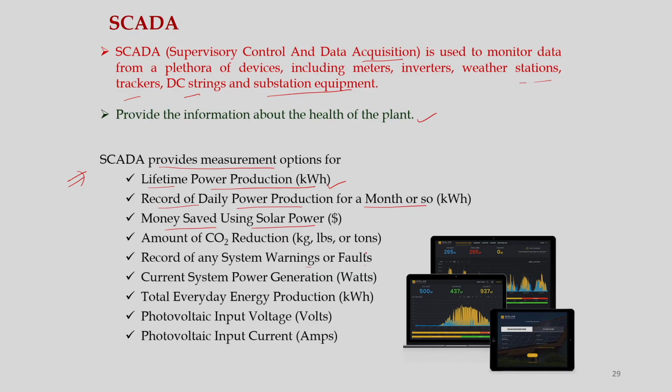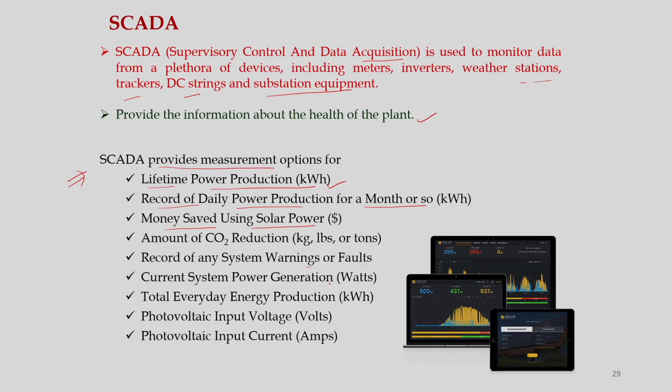So, if some component is not working properly, that can be diagnosed. And current system power generation, then total everyday energy production, then photovoltaic input voltage, how much input voltage is generated on a particular day and at a particular time, and photovoltaic input current at that time.